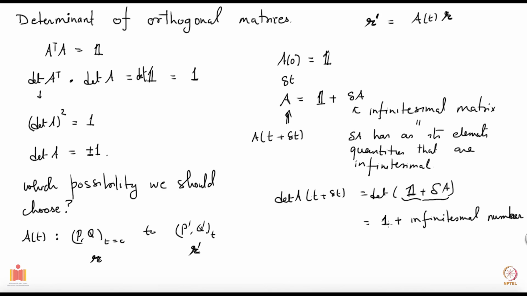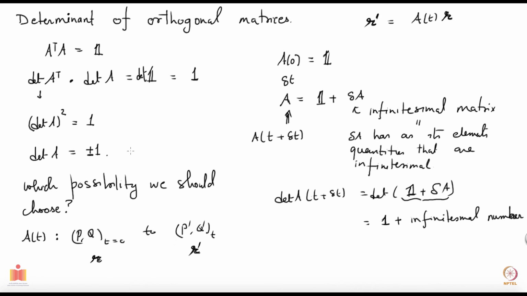And then you can do another transformation and again do this. Each time you do it, the determinant value can at most change by an infinitesimal amount. So you keep changing by infinitesimal amounts. But then you realize that that's not possible, because the only two possibilities available to you are either plus 1 or minus 1. So you cannot have 1 plus 0.0001.